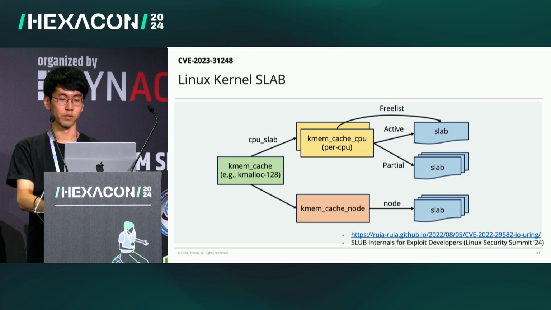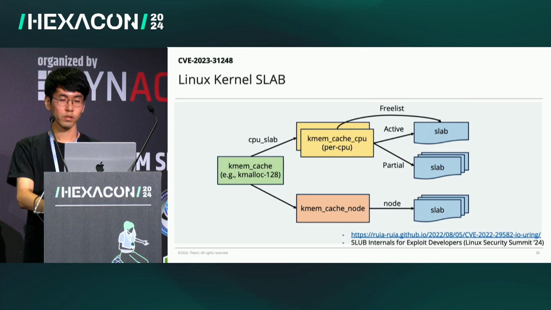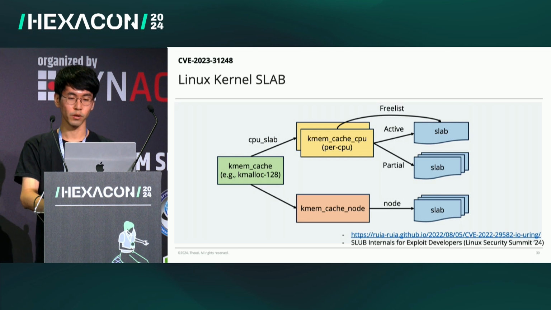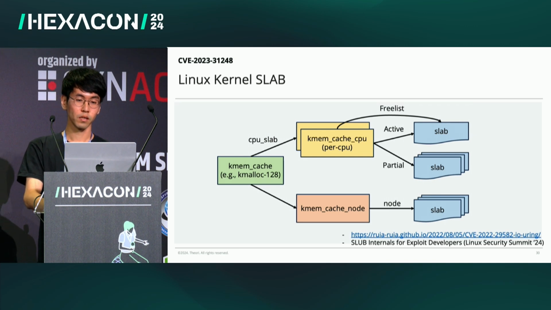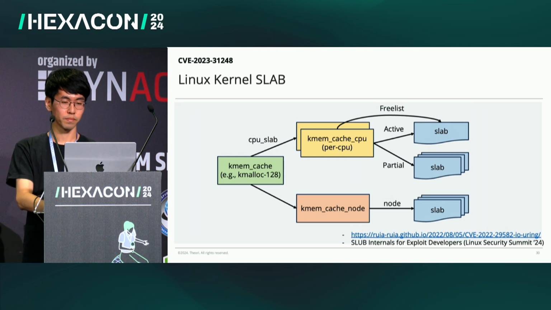To address this issue, let's take a look at the Linux kernel's slab structure. You can find more about the slab in Jaden and David's write-up and Andrei's talk, slab internals for exploit developers. This is a simplified structure of the Linux kernel's slab. First, there is the kmem_cache.